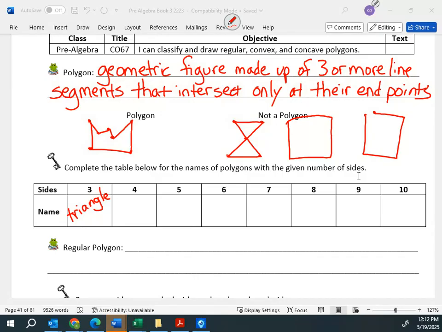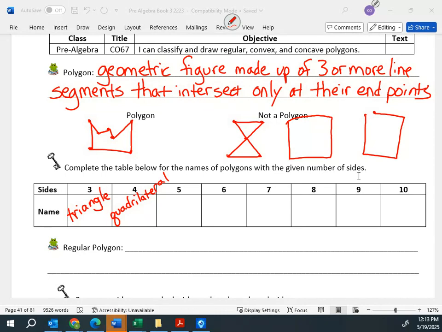Nope. Because this is not a square. So what do we call it if any shape with 4 sides? A quadrilateral. Quad means 4. Lateral means side. So quadrilateral.